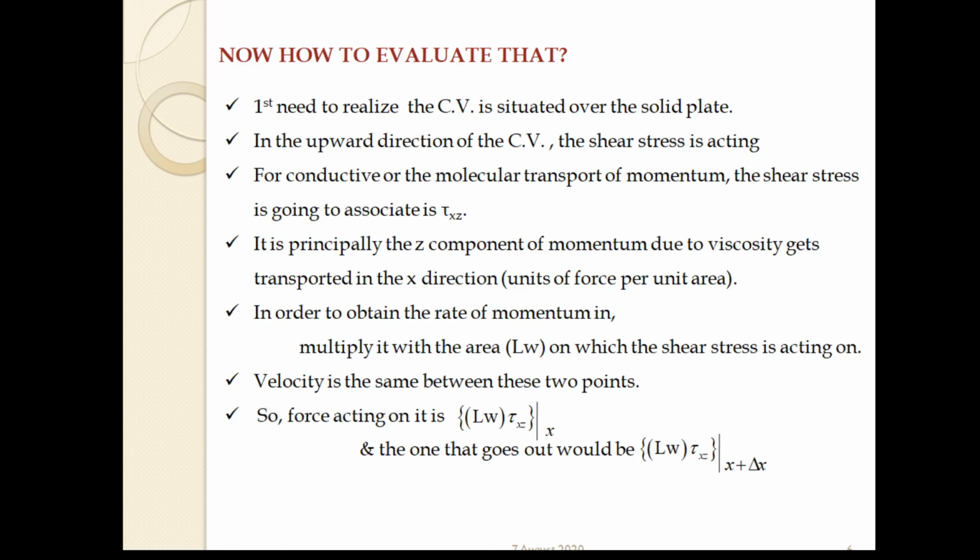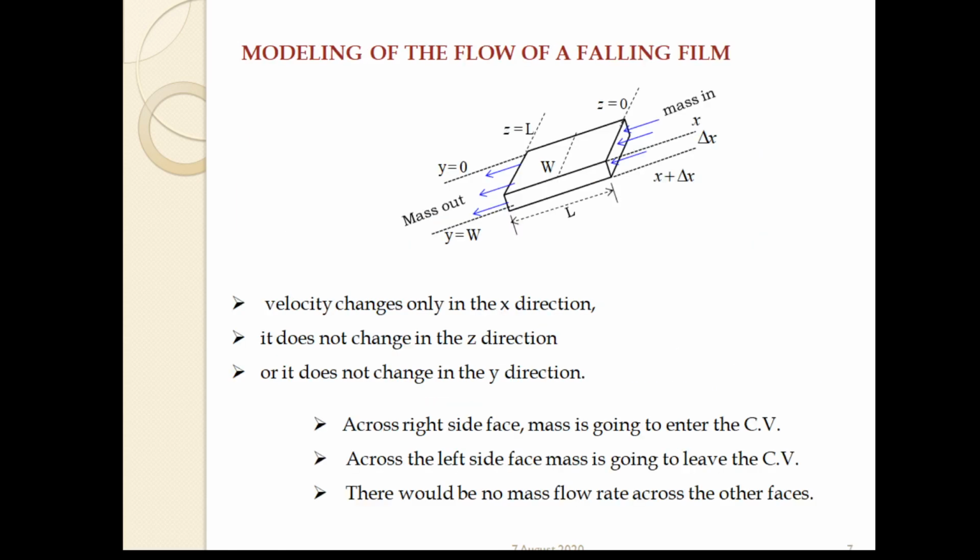So today we will discuss the modeling of the flow of a falling film. I will once again tell you the salient features of this problem we are trying to model. It's a liquid in contact with an inclined plate, falling while maintaining a constant film thickness of delta over that solid plate.